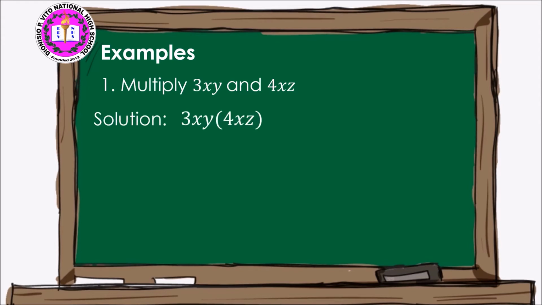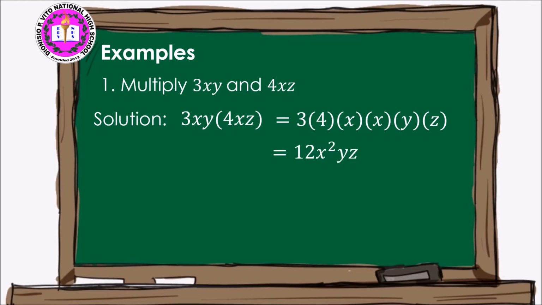So our solution, 3xy times 4xz is equal to 3 times 4 times x times x times y times z. 3 times 4 is equal to 12, then x times x is equal to x squared, and we're going to copy the variable y and variable z.